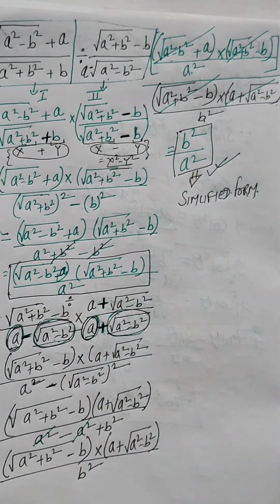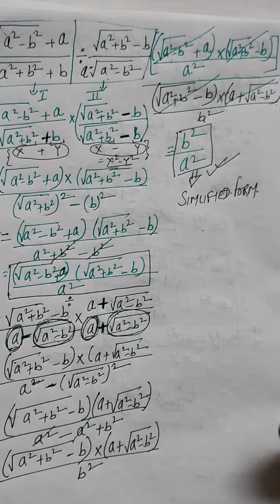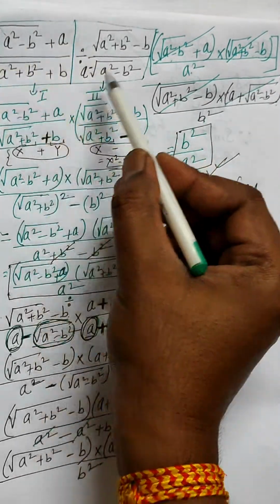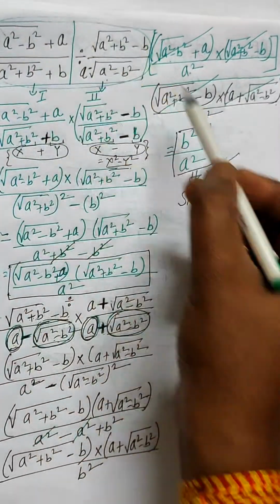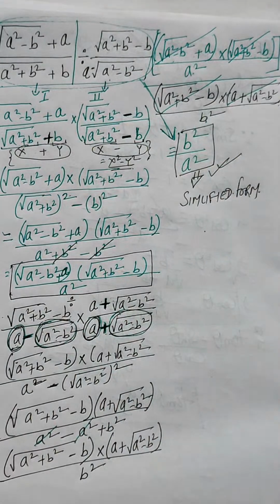The second part of the question asks what is the square root of your simplified version? That means the simplified form of the given expression can be written as b square by a square.